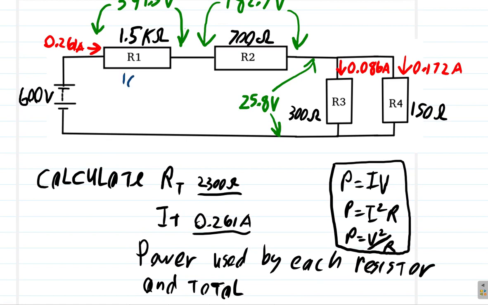So 102.2 watts is being used by R1. What about R2?